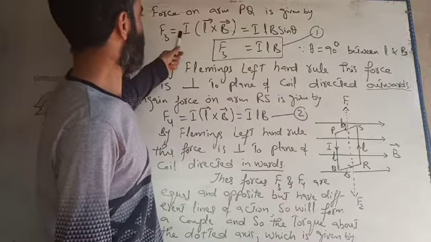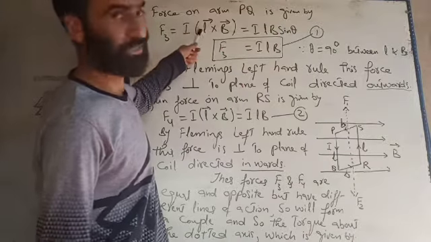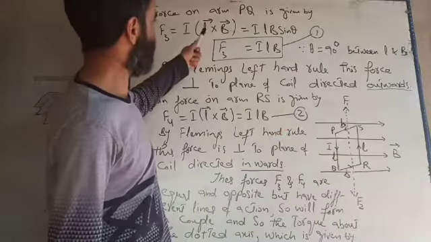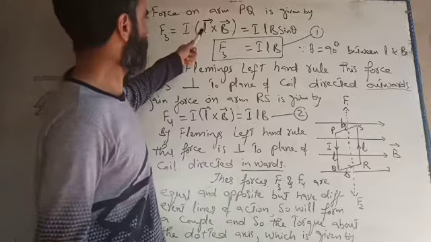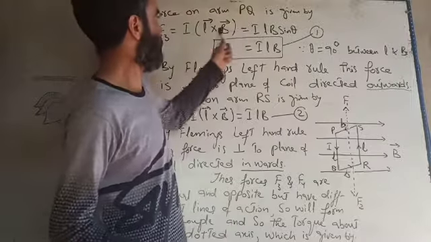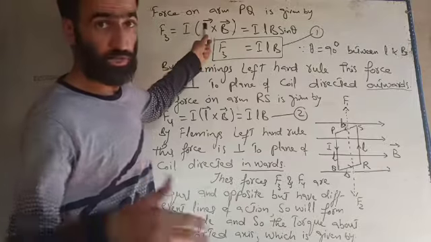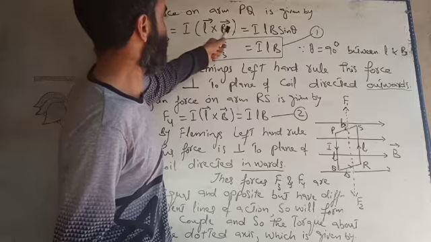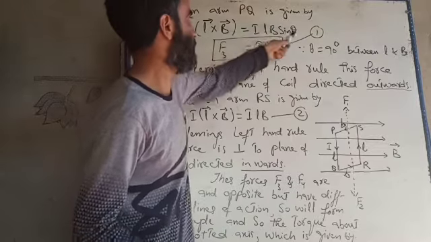This F is I, length into bracket. Here the length is again denoted by length, okay? In the previous relation, the breadth was denoted by B, okay? But the other things are the same. A cross B means AB sine theta, so L B sine theta.